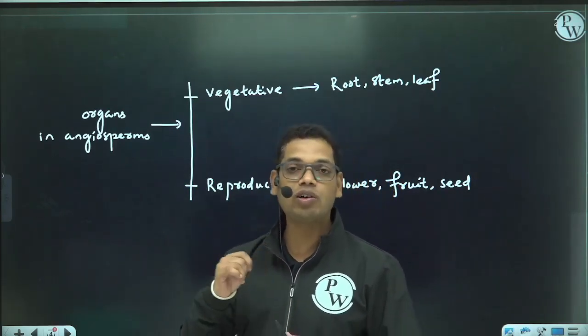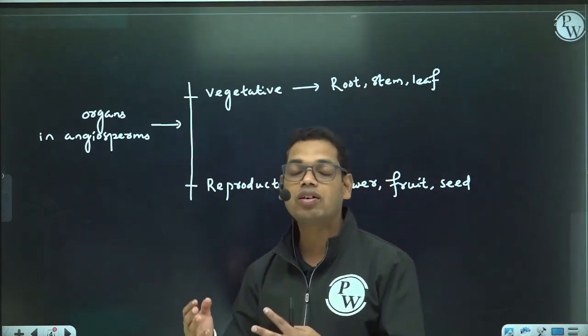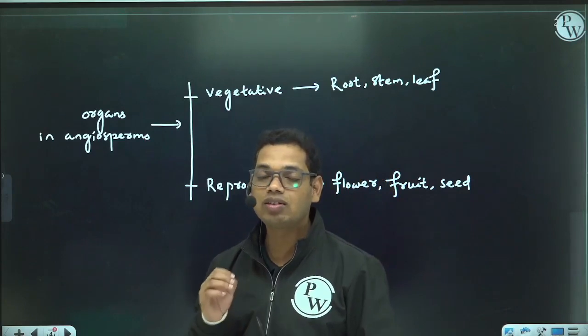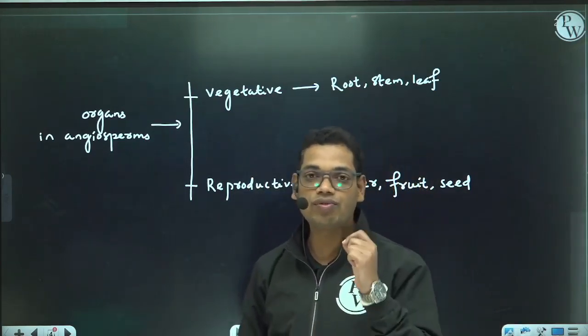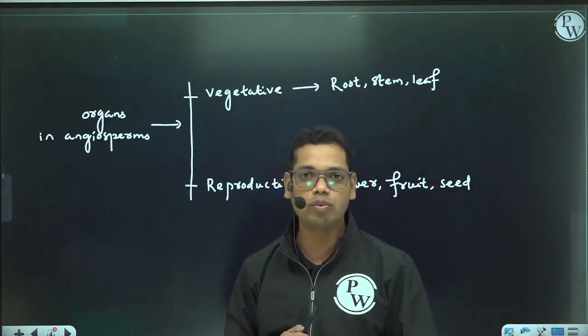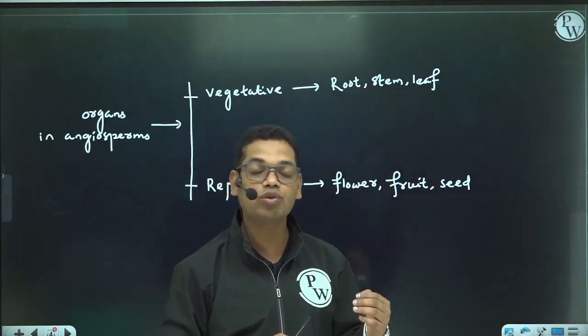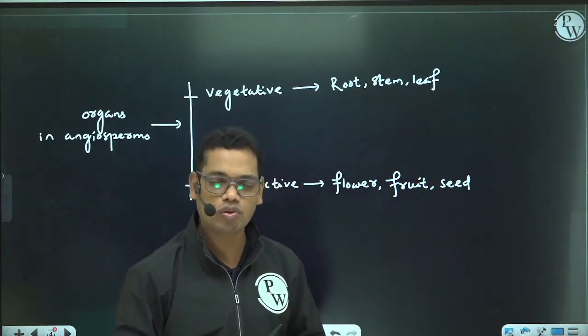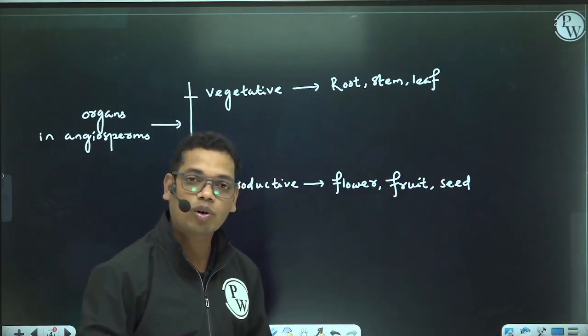If any organ participates in sexual reproduction, or if it is a product of sexual reproduction, that organ will be called a reproductive organ. For example, the flower is the site of sexual reproduction, and the seed and the fruit are the products of sexual reproduction, which is why these three organs are called reproductive organs.